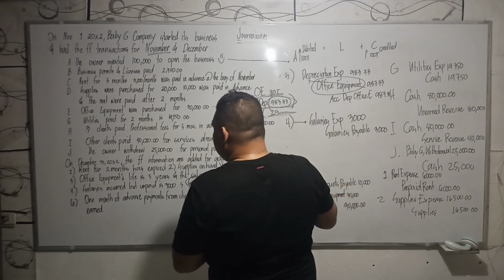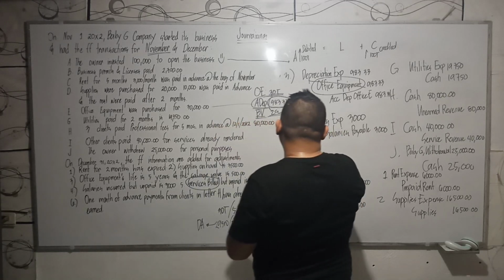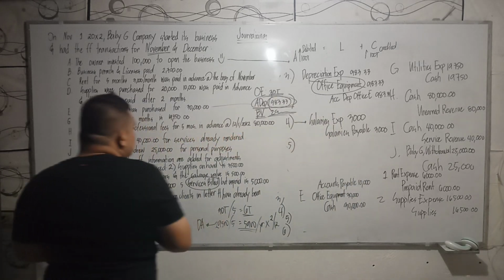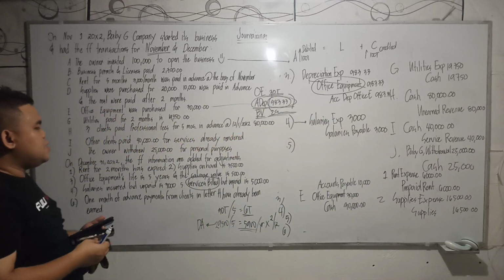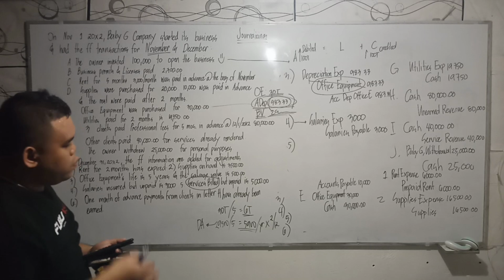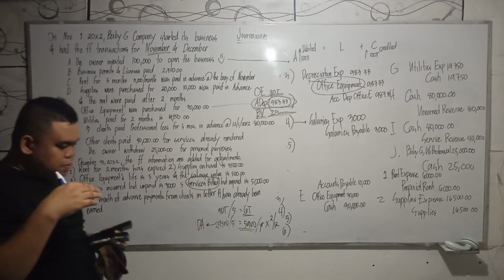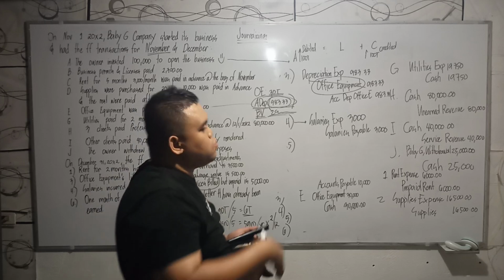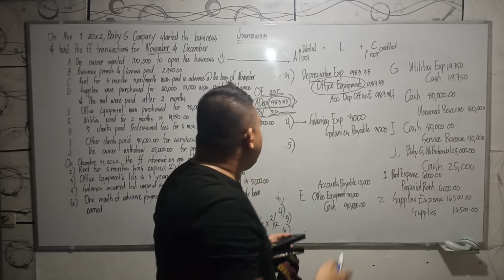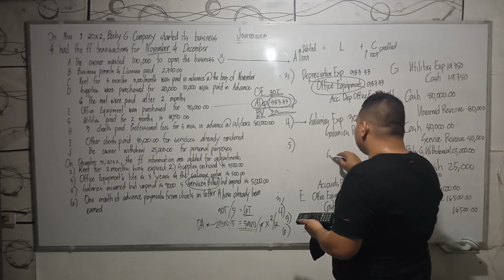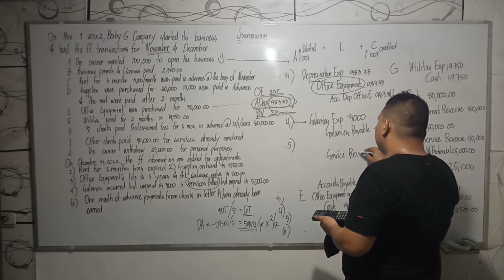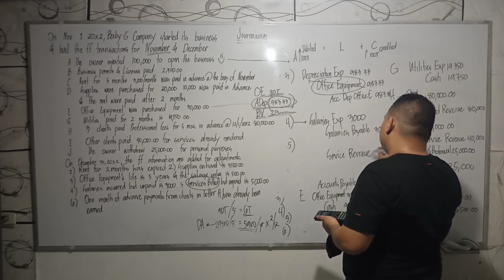And then we have number 5, services billed but unpaid is 5,000. So that means when you bill your services, that means you have already performed your part. And if that will be the case, according to the accrual concept, you have to record already service revenues if you have done your part, even if you have not yet collected it from your customer.